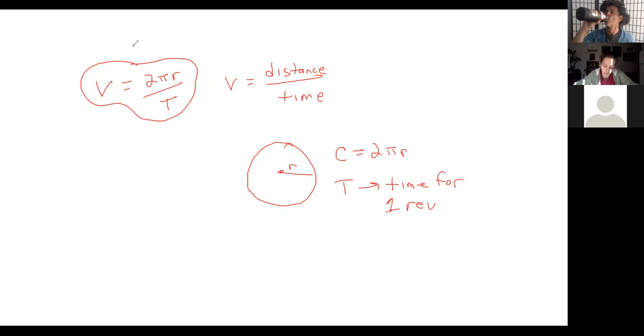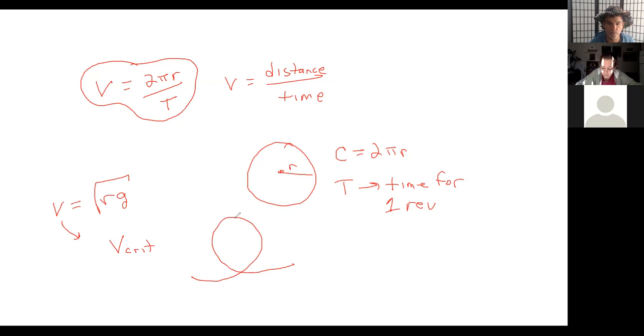Okay, and then also I have that v equals the square root of radius times gravity. Is that also for circular motion? This is what's called the critical speed. It's the speed if something was doing a complete loop-the-loop.